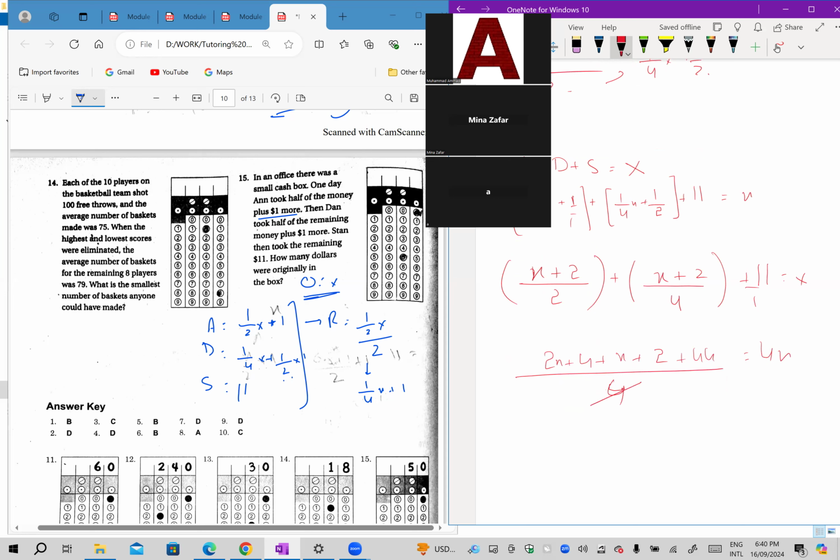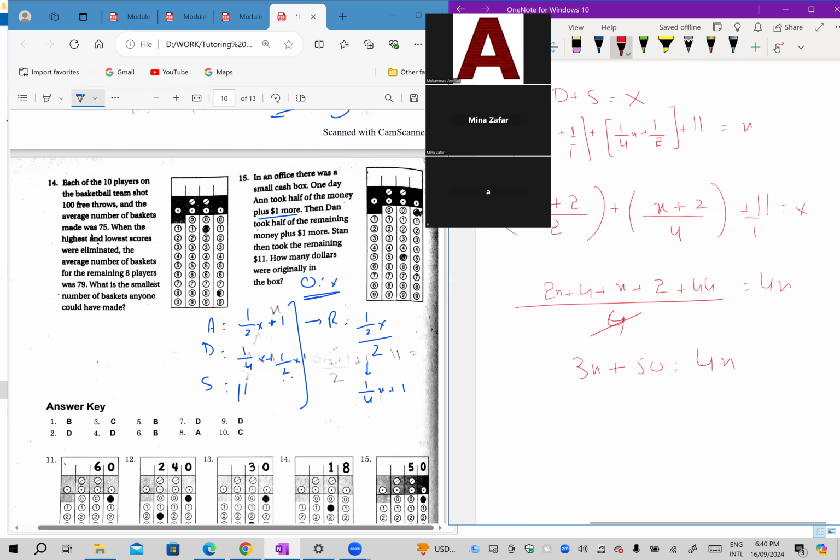So 2x plus x is 3x plus 50 is equal to 4x. 44 plus 4 is 48, plus 2 is 50. So 50 is equal to 4x minus 3x. 50 is equal to x. So guys, x equals 50. There were $50 in total.